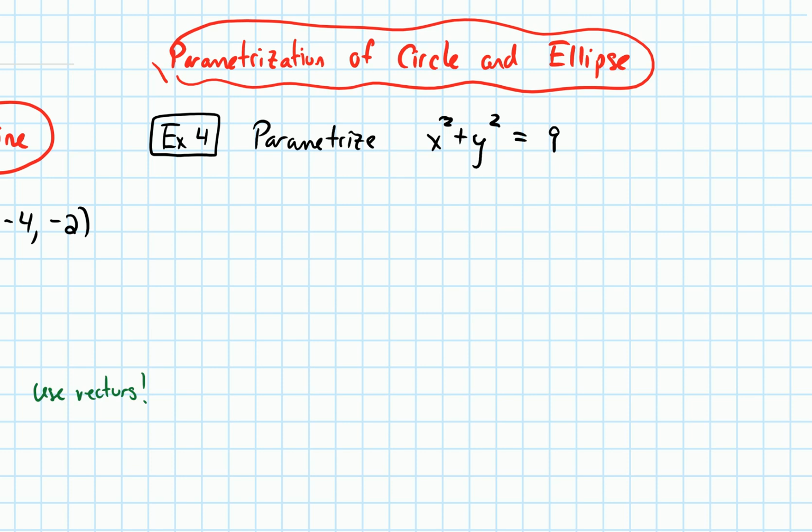So the idea that I'm going to use to parametrize this is I know circles sort of remind me of the unit circle. They remind us of the unit circle, and on the unit circle the x coordinate corresponds to a cosine, and the y coordinate corresponds to a sine.